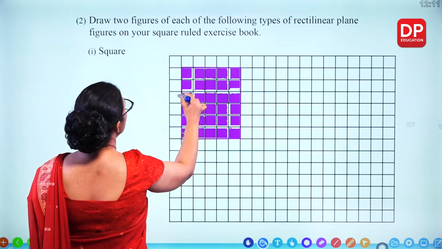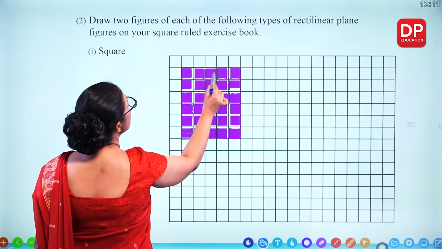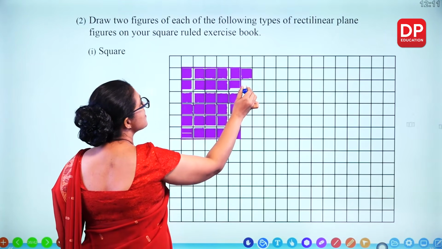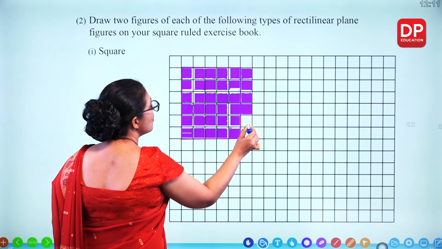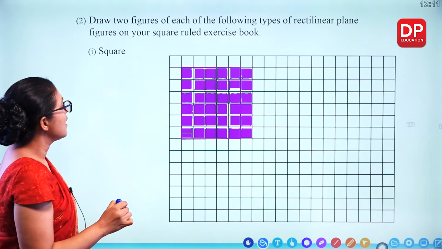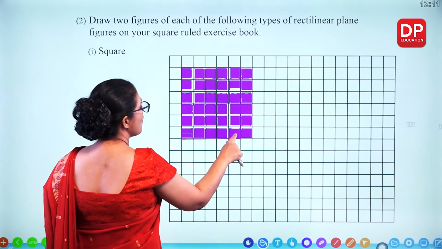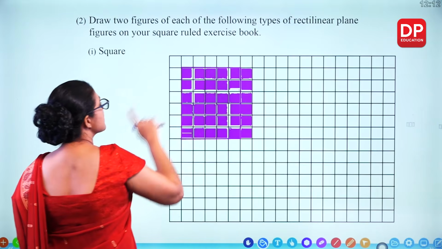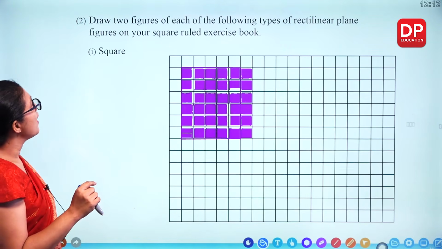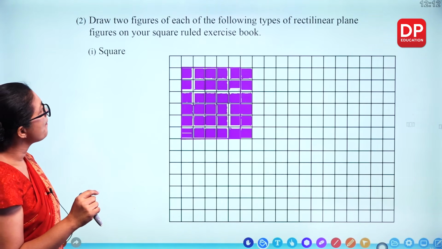1, 2, 3, 4, 5, 6. You need to color another one. 1, 2, 3, 4, 5, 6. So that's a square. Another square.